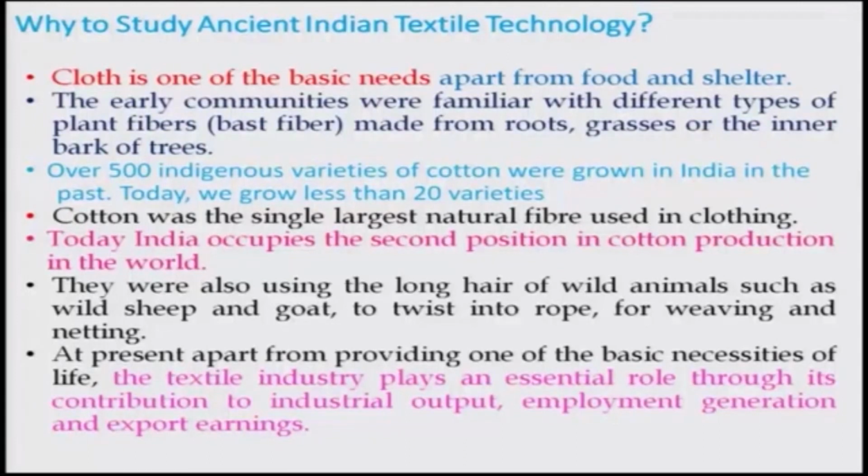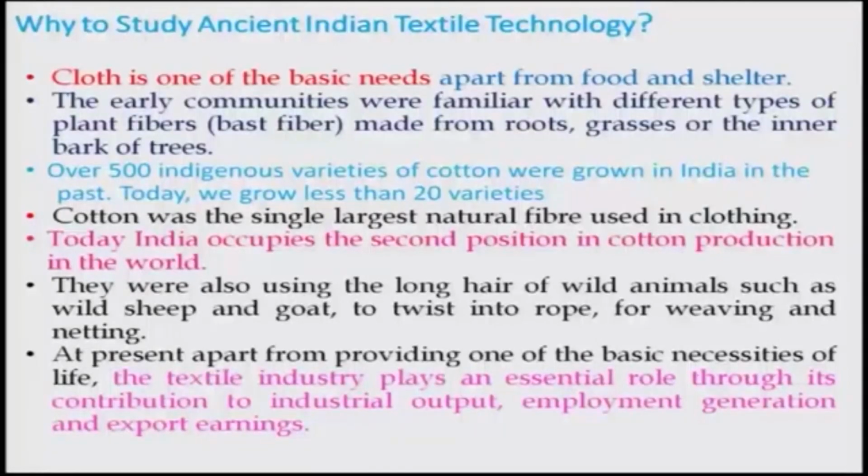Because India is endowed with a very good climate and good soil, and therefore several biodiversities, we have several kinds of cottons. So, that is why we need to look at cotton textiles and fabricate them.